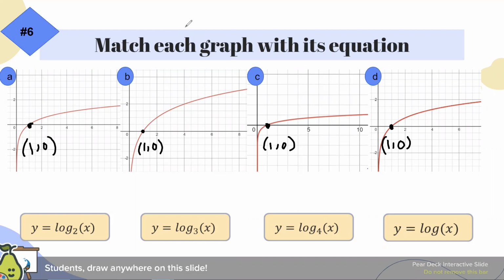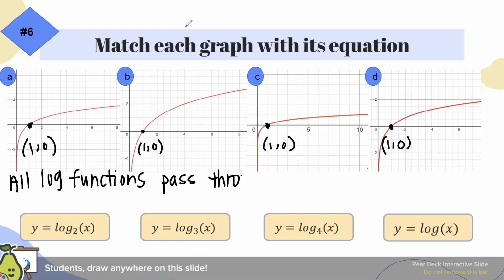However, it does tell us that all log functions pass through (1, 0). And I should say all basic log functions.